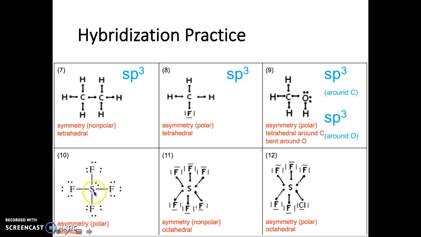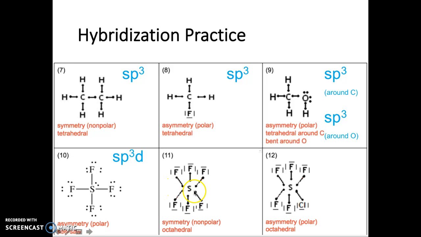So this is going to be 1 s, 3 p's, and 2 d orbitals. Or sorry, 1 d orbital that would be required to be hybridized, giving rise to 5 hybridized orbitals. So it's called sp3d.